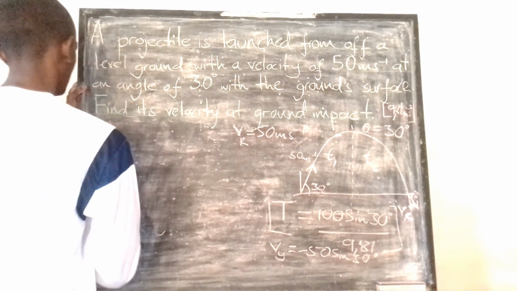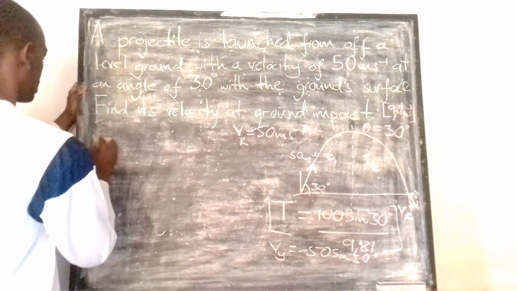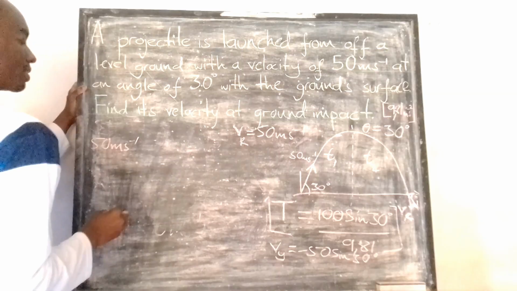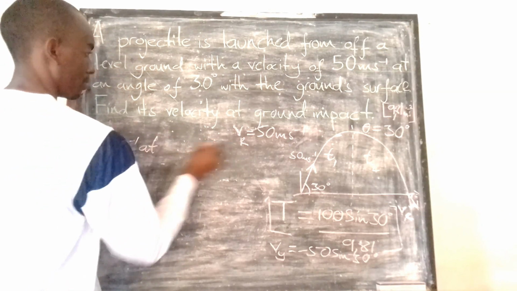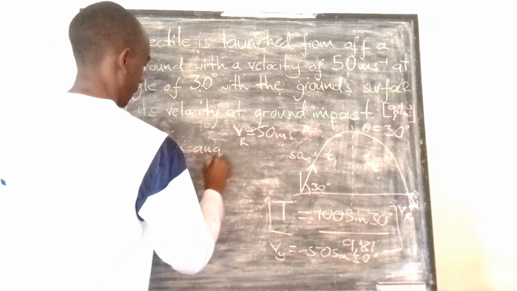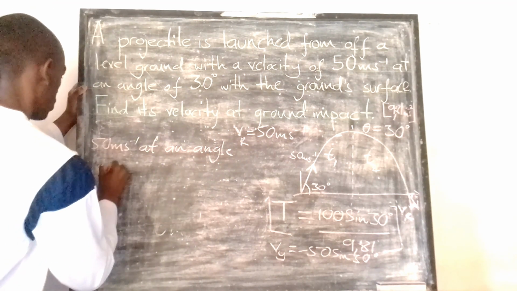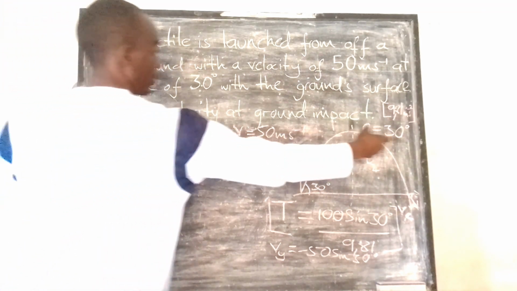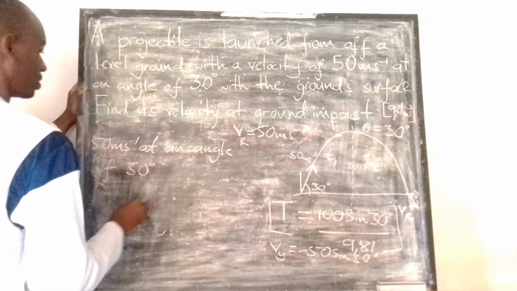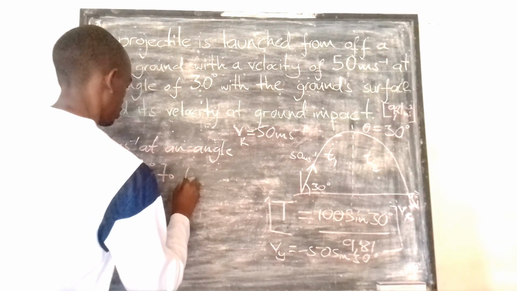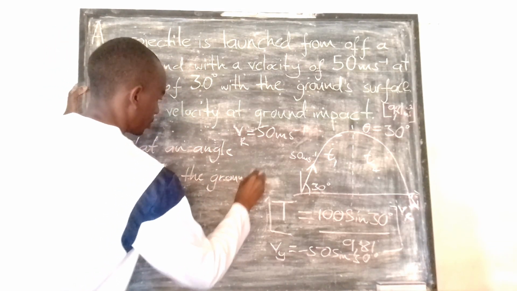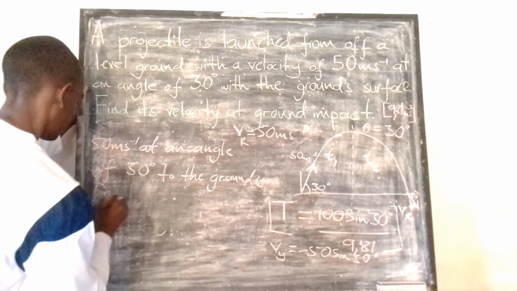So the velocity at ground impact is what? Is 50 meters per second at an angle of 30 degrees to the ground surface.